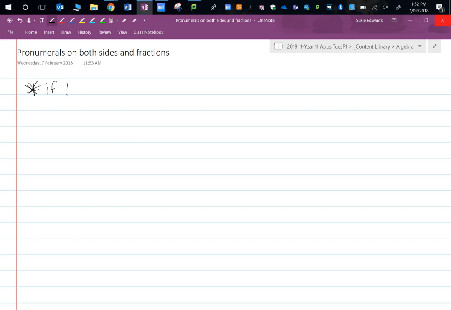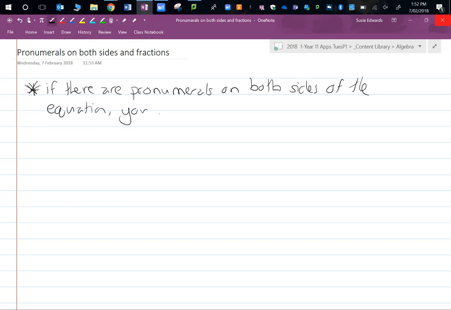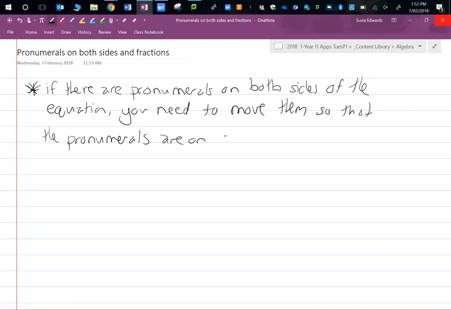If there are pronumerals on both sides of the equation, you need to move them so that the pronumerals are on one side and numbers on the other.